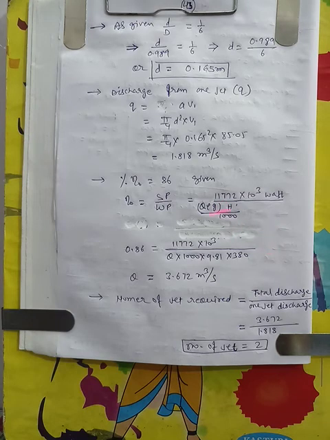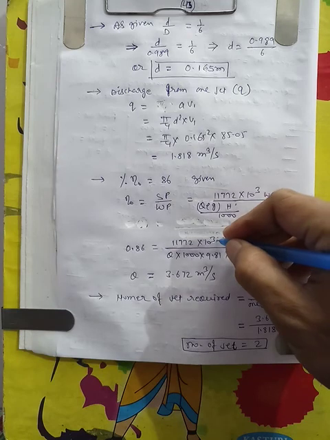So by putting all the values, Q we don't know, rho is the density of water, 1000, into 9.81 into 380, and this is 10 cube, and one more 10 cube, this 1000 will go up.